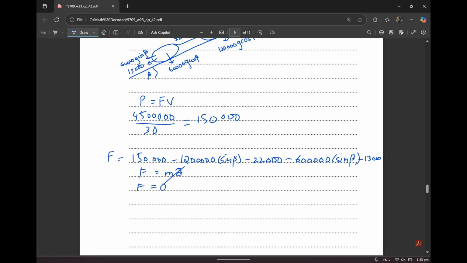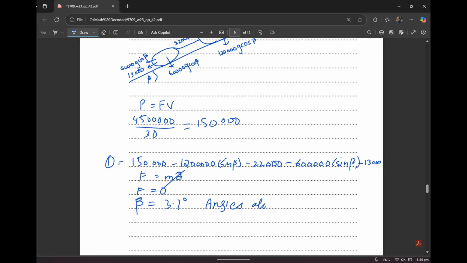So I put this entire expression equal to 0. If you solve this, it comes out to be beta is equal to 3.7 degrees. Remember, angles are always one decimal place.